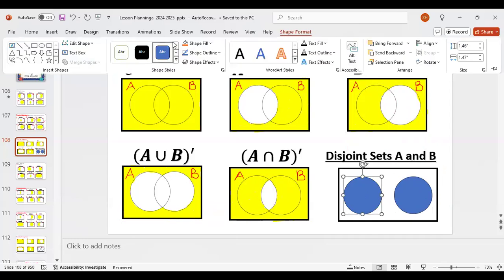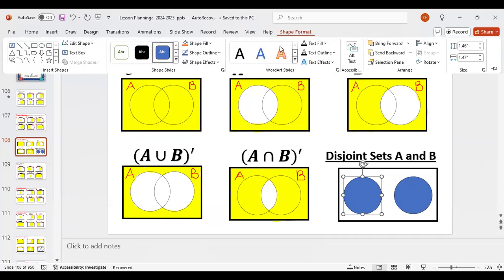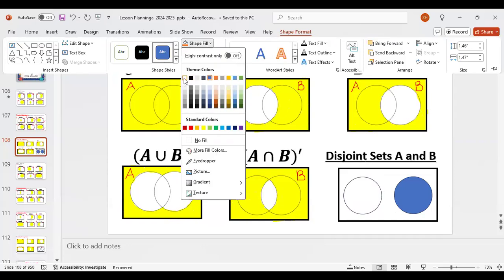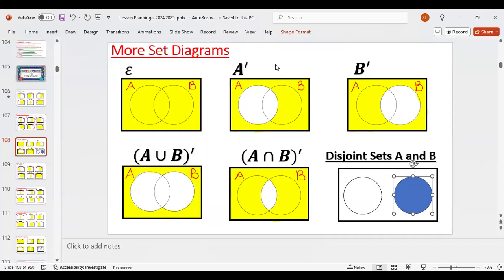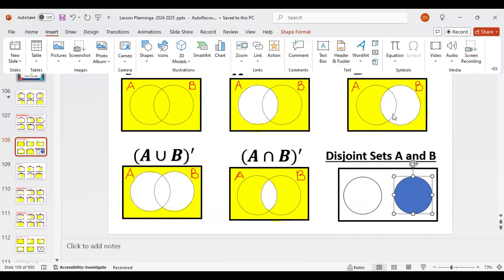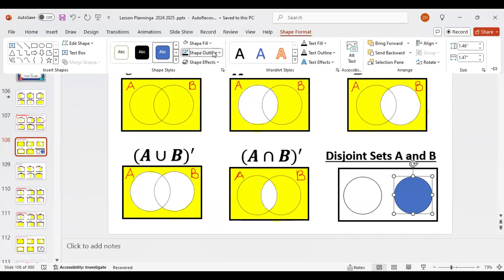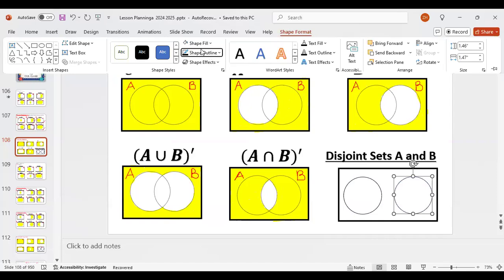Do you know that you can have two sets that are disjoint? That's what disjoint means. They're separated. You could do that. No intersection. Or I should say that the intersection is an empty set. It's empty. No common elements. No elements are common. And so let me outline.